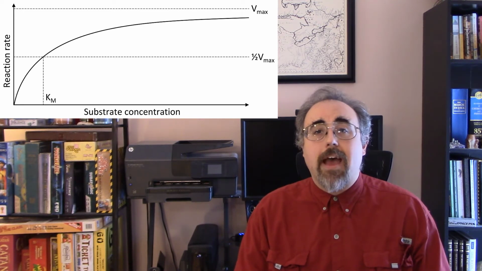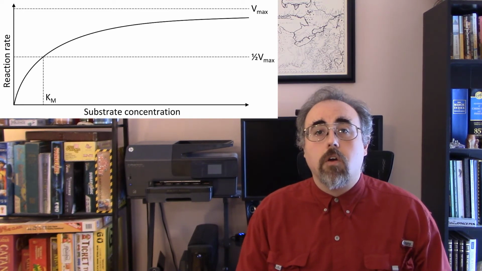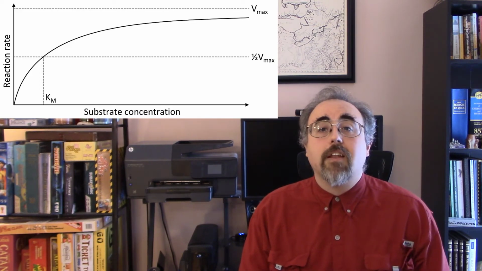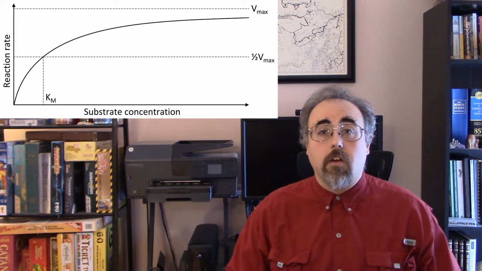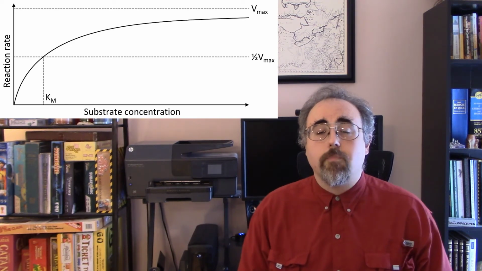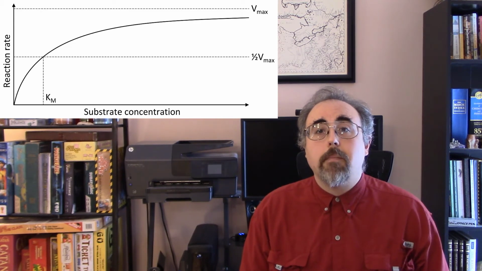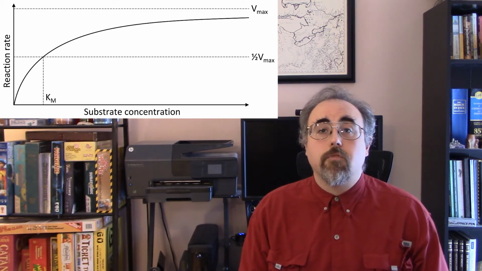At half Vmax, you look where the curve of enzyme rate versus substrate concentration crosses half Vmax, and that's your Km. This is really describing what is effectively binding. It's a little bit more complicated than just binding, but this is really looking at how well an enzyme is able to bind to its substrate.